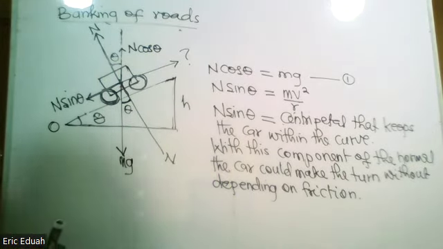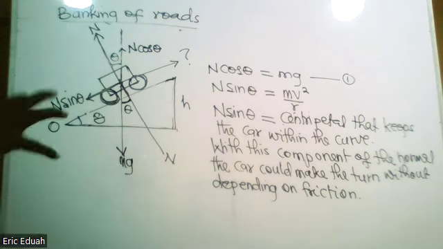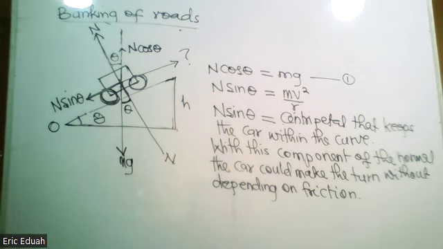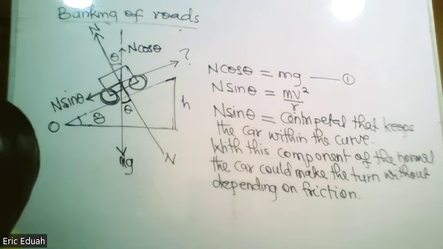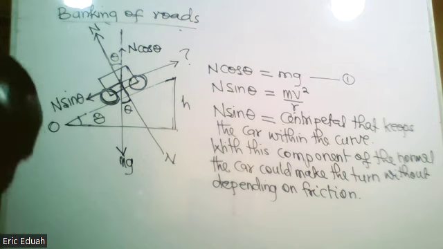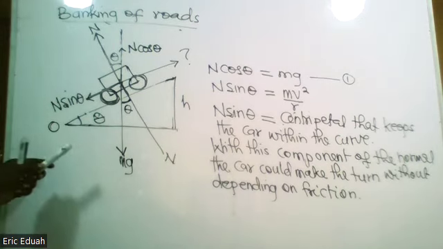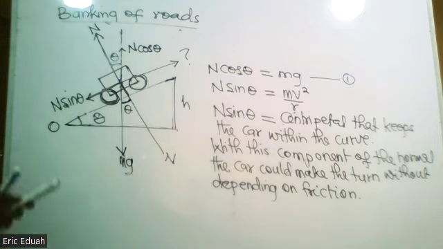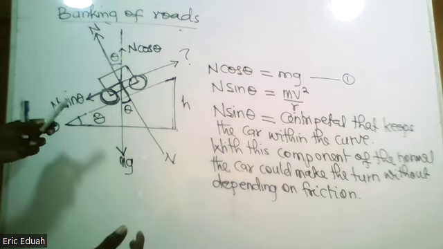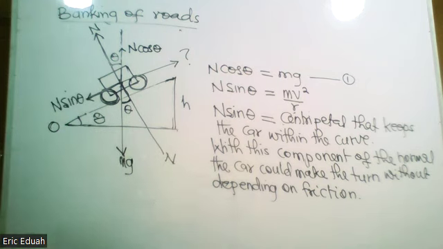The point is that we apply this concept on frictionless surfaces, especially where the road is so smooth after rainfall or snow, and motorists are to embark on a certain speed. When the road is banked, you could still make that turn without relying on friction.